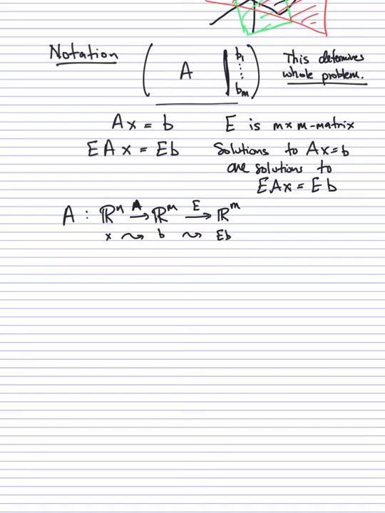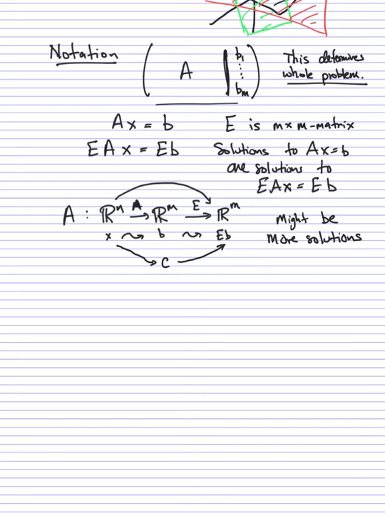So if you're looking at the composition and asking what things map to Eb, certainly all the elements x will be there. On the other hand, this might be strictly larger, so there might be more solutions. Namely, if E is not injective, there might be some c which also goes to Eb, and then you're also picking up all the x that go to c.